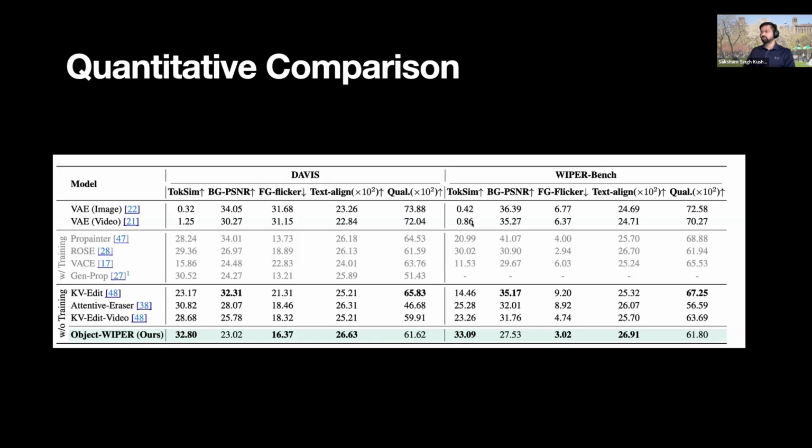We do find it slightly lagging behind in background reconstruction. However, background reconstruction is not exactly related to object removal, and we assume that as better video generation models come up and their VAEs improve, this should also improve along with our algorithm.